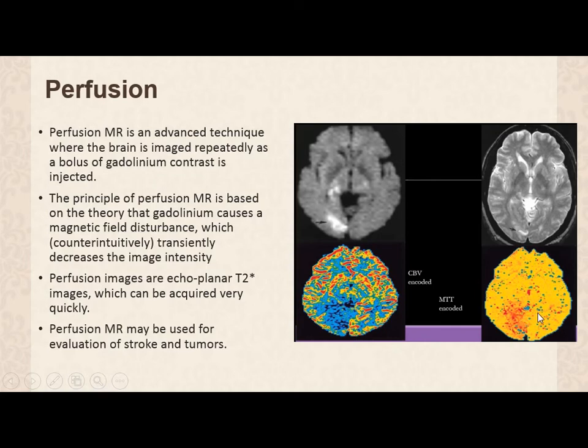This is a mean transit time demonstration. It has a lot of uses and ways to interpret it, and it uses echoplanar T2 star imaging, which is very fast imaging, to see when the contrast reaches the brain, how much, how long does it take to drain from the brain, and things like that.